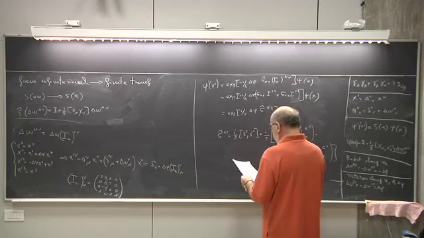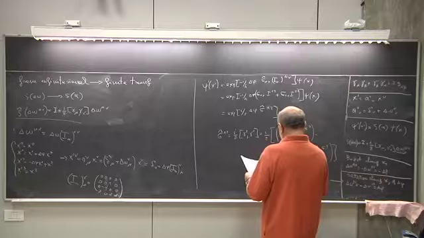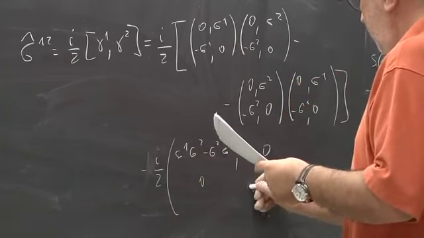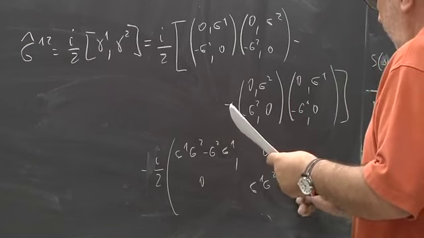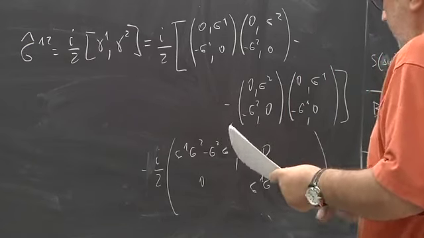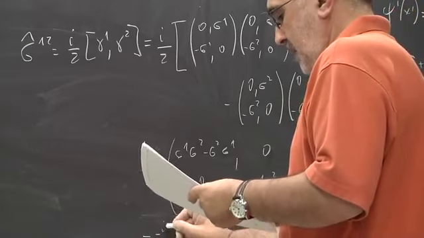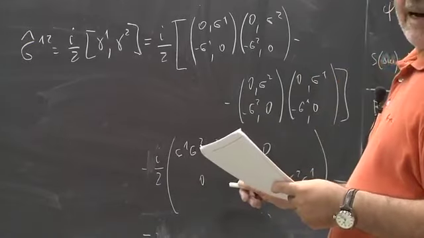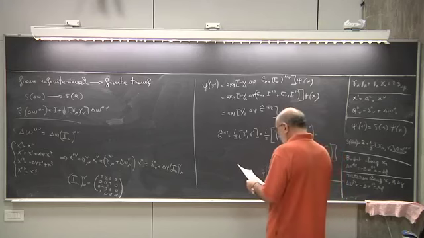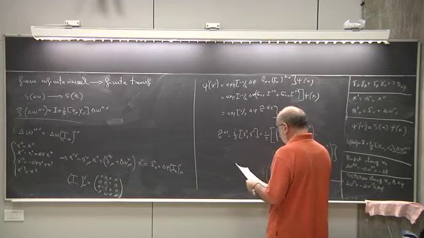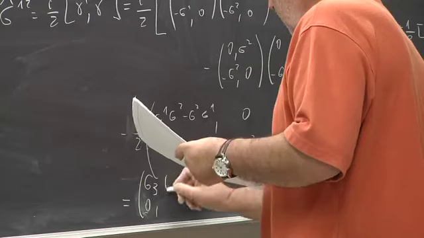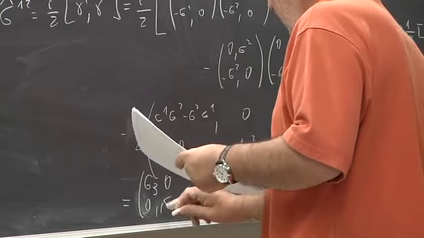We get minus i over 2, sigma_1 sigma_2 minus sigma_2 sigma_1, in the diagonal blocks. And this is minus i over 2, well actually this is related to 2i sigma_3, so it cancels, all the terms cancel, you have an i, it becomes a plus, and this becomes sigma_3 in both diagonal blocks.